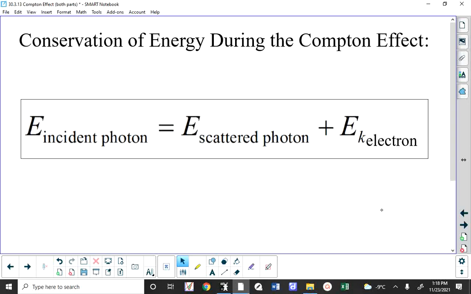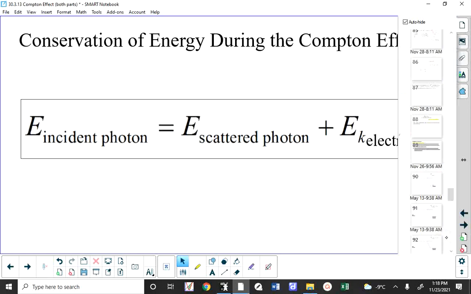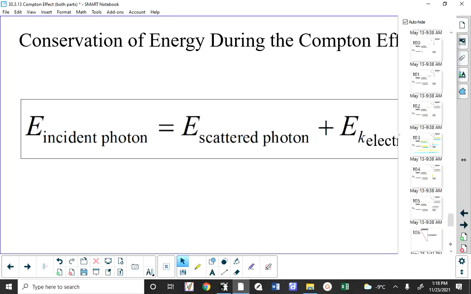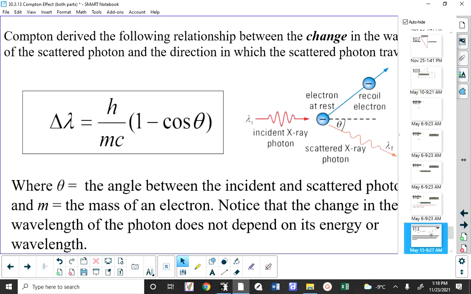He put it all together using algebra and trigonometry and discovered that there's a relationship between, not the initial wavelength and the final wavelength, but the change in the wavelength, delta lambda, of the photon, and the angle at which the photon is scattered.